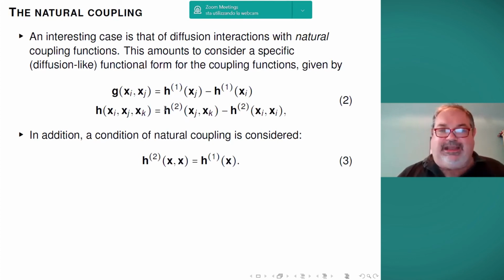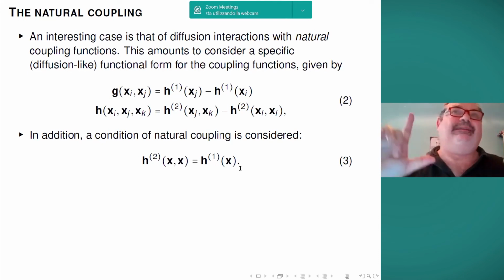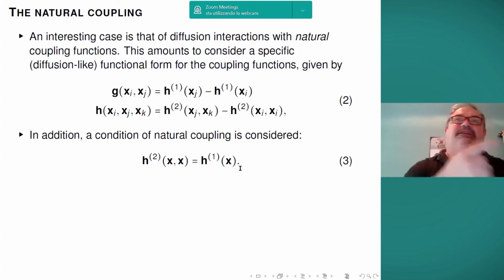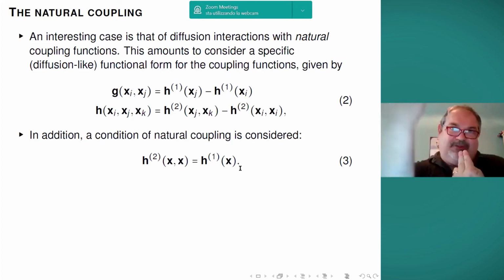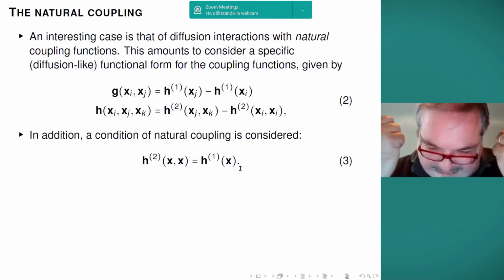The condition of natural coupling tells you that the function h2, the one regulating the three-body interaction, when you are in the synchronization manifold, is equal to h1 of x. So this is a coupling function such that when you are in the synchronization manifold, you see the other two nodes as a single node.